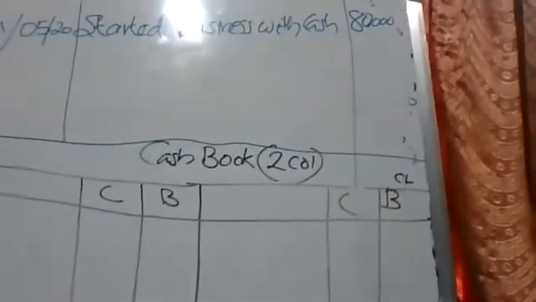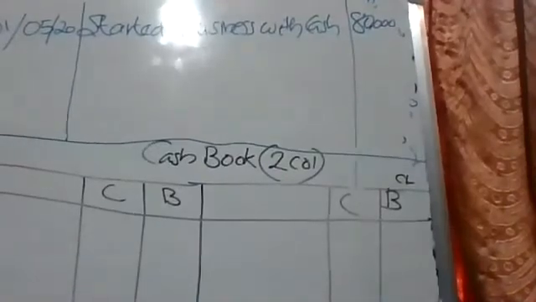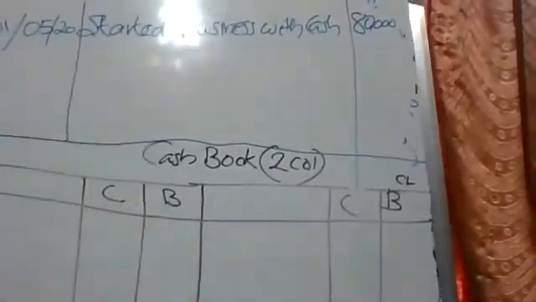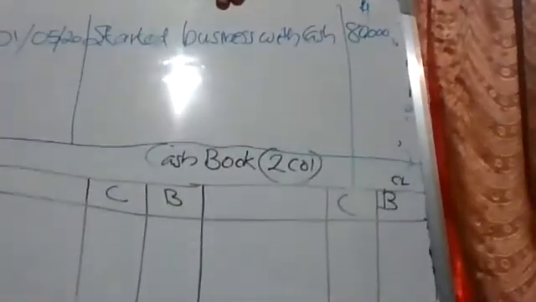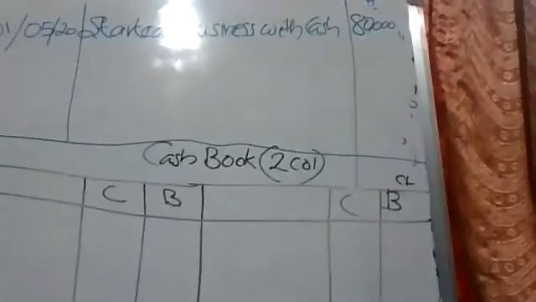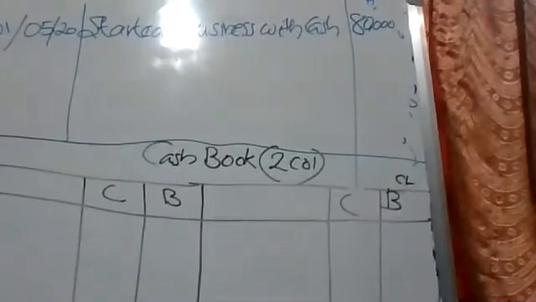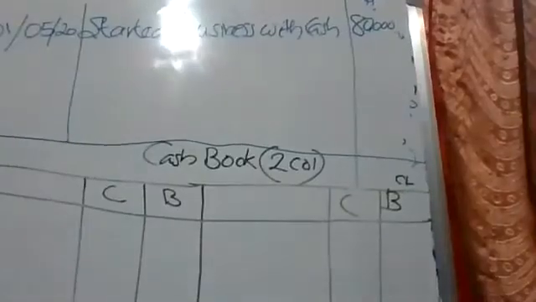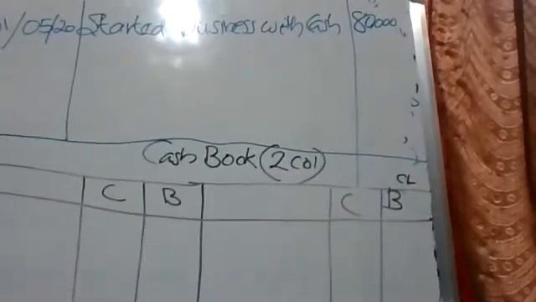So imagine the journal entry. No need of any journal entry. You are in advanced stage. So what will be journal entry for this? How it will appear in cash book? Cash account debit to capital account. Yes. How it will appear in cash book?